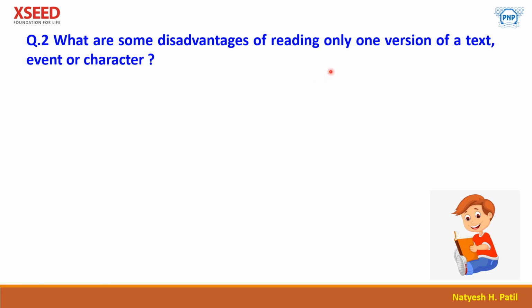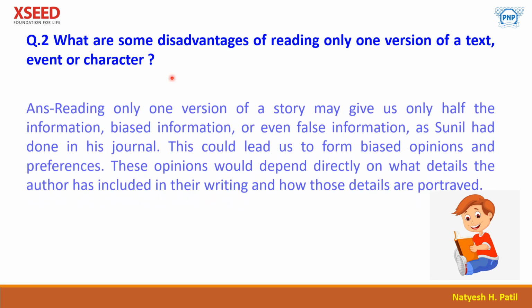What are some disadvantages of reading only one version of text, event, or character? What do you think? Please copy this question, note down this question in your notebook, and write your own answer. But for the time being, let me help you with this question answer.